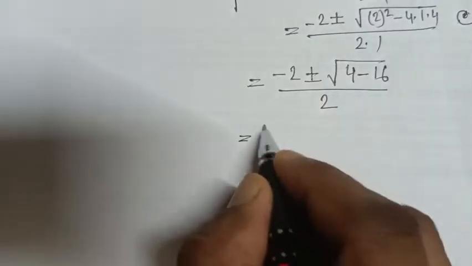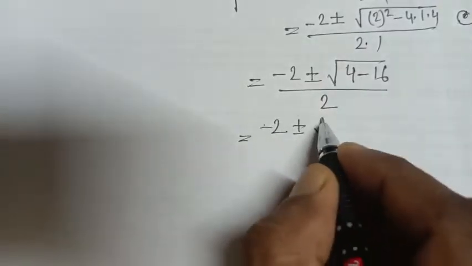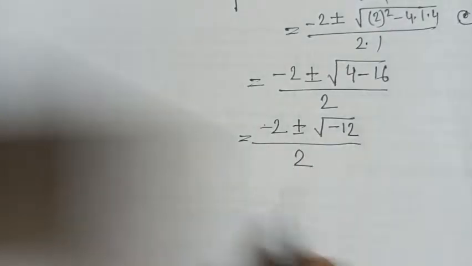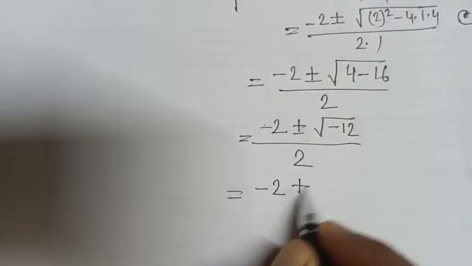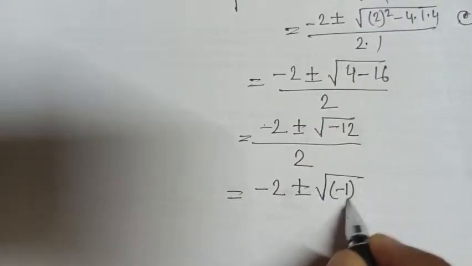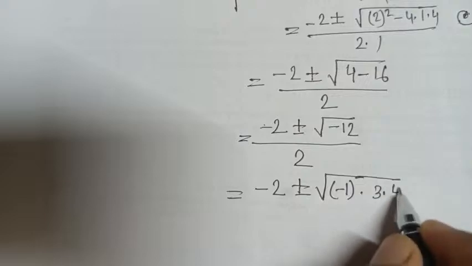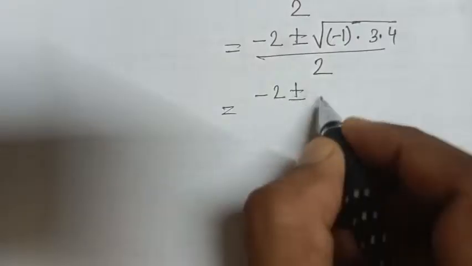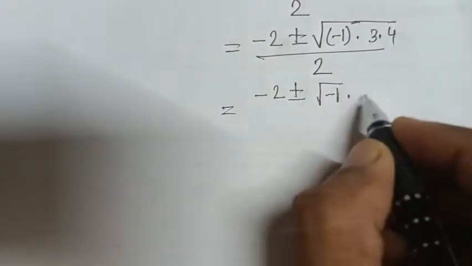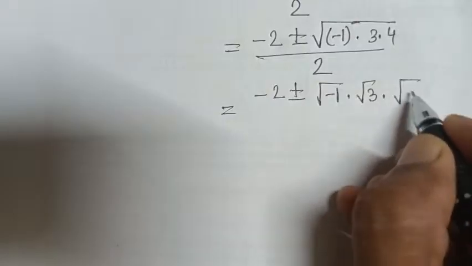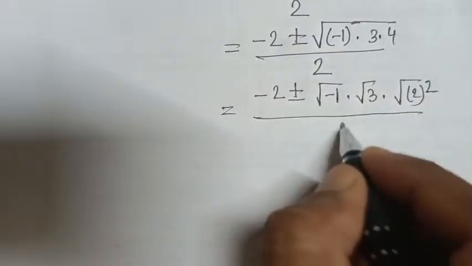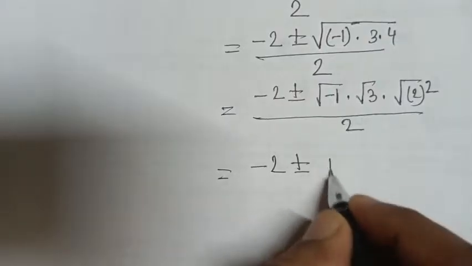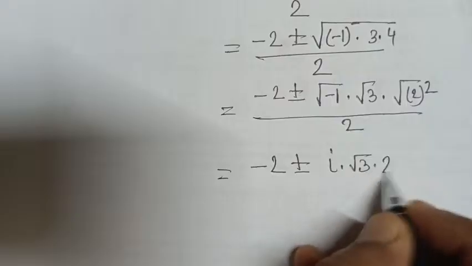Then again we get root over minus 12 by 2, that is minus 2 plus minus root over of minus 1 into 3 into 4 by 2, that is minus 2 plus minus root over of minus 1 into root over of 3 into root over of 2 square by 2. Hence we get minus 2 plus minus i root 3 into 2 by 2.